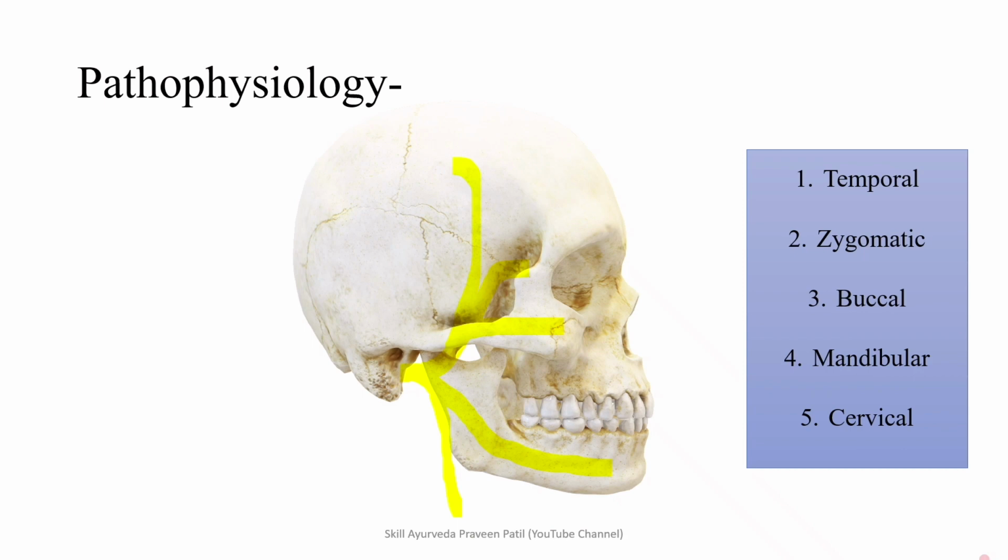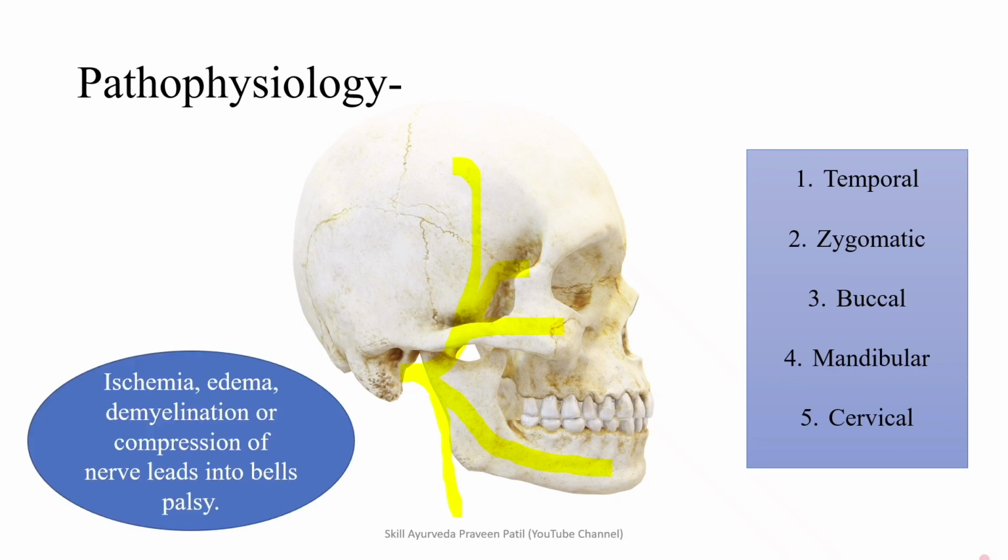So weakness or laxity of the facial muscles is seen. Any kind of ischemia, edema, demyelination of the facial nerve, or compression by any growth, bony growth or soft tissue growth near the root of the facial nerve, leads to Bell's palsy.